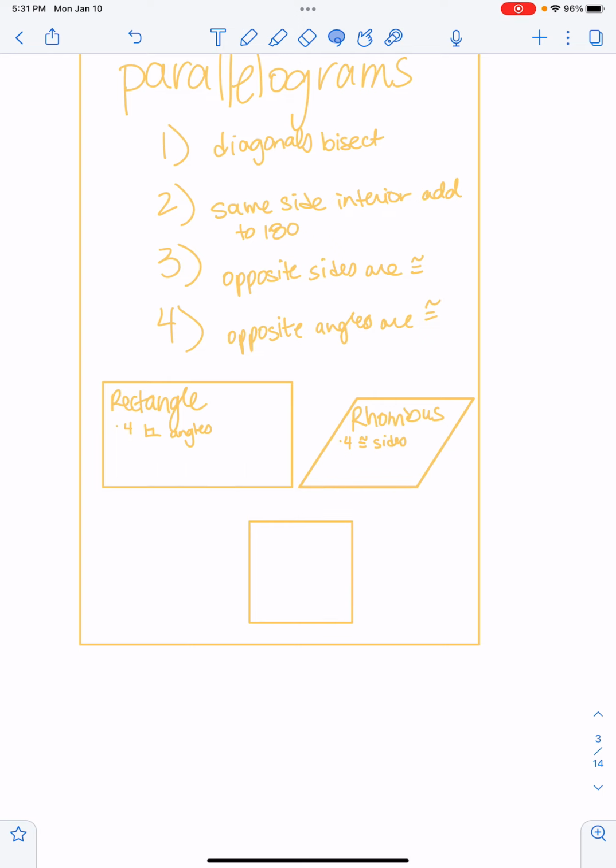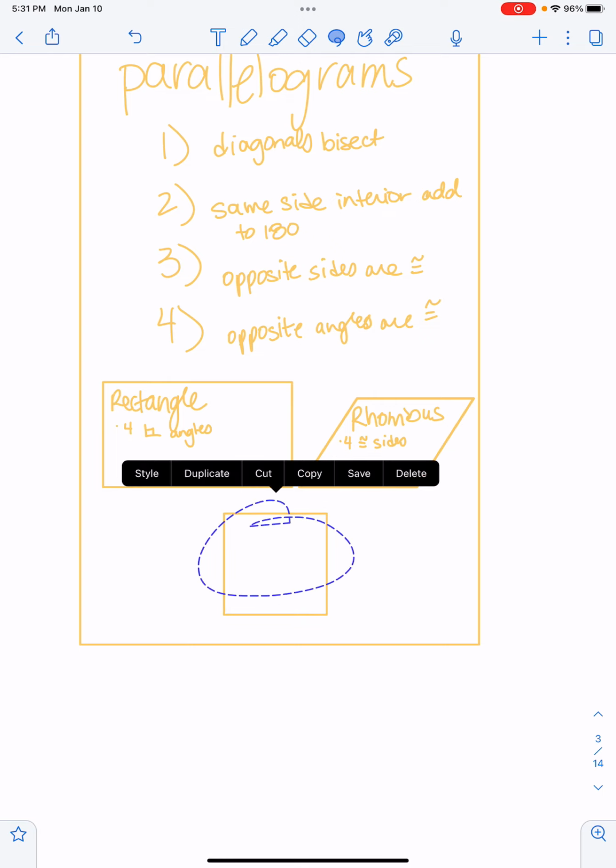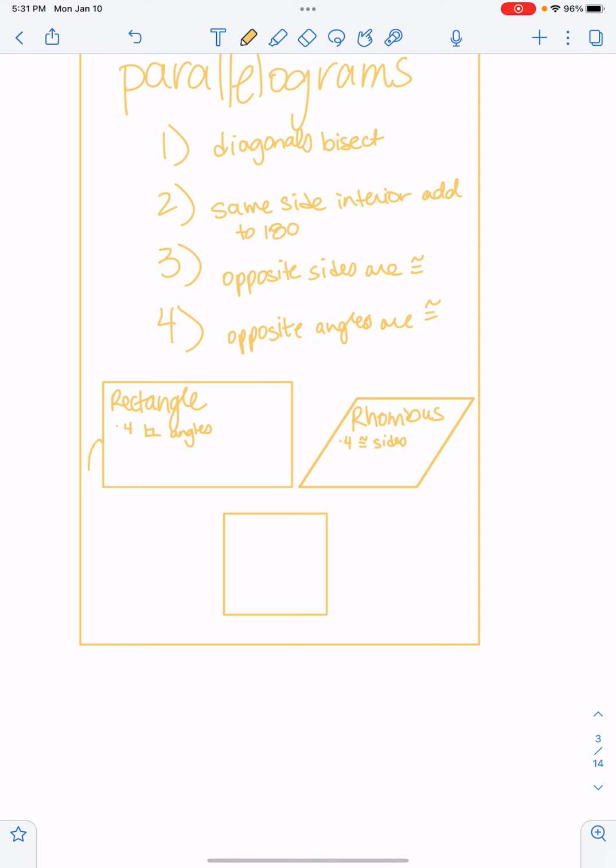So it's basically a rhombus rectangle. Everything that works for rectangle is also true of square, and everything that works with rhombus is also true of square. So instead of rewriting all of those rules, I'll just copy and paste. So this has 4 right angles and 4 congruent sides.